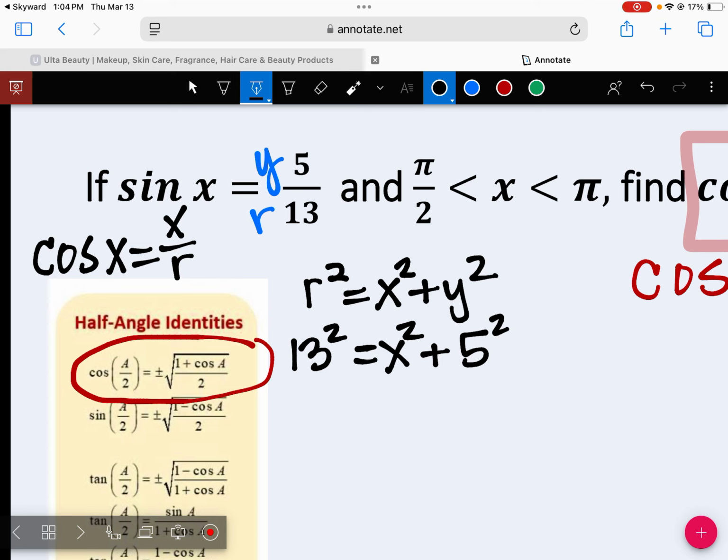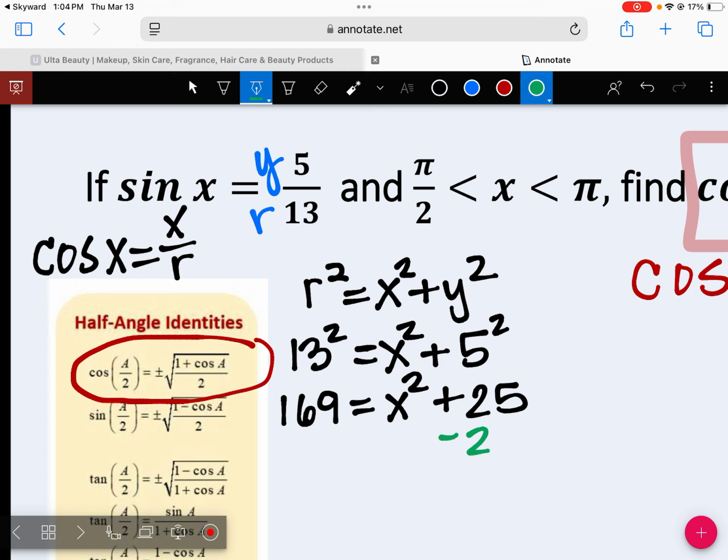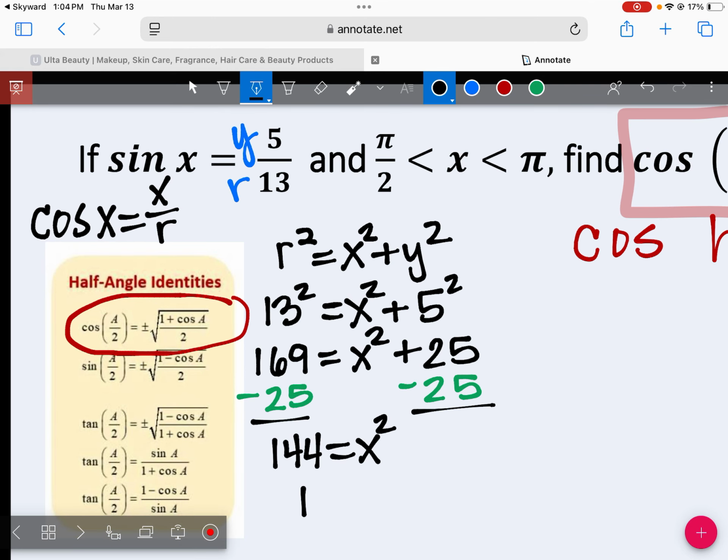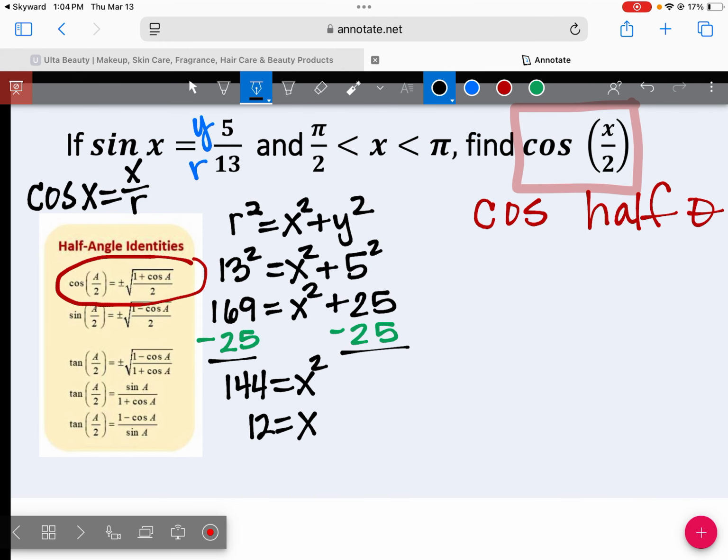So we're going to take 13 squared, which is 169, minus 5 squared, which is 25, which gives me 144. And the square root of 144 is 12. So now I know x, so I can find cosine. Cosine of this angle is 12 over 13.